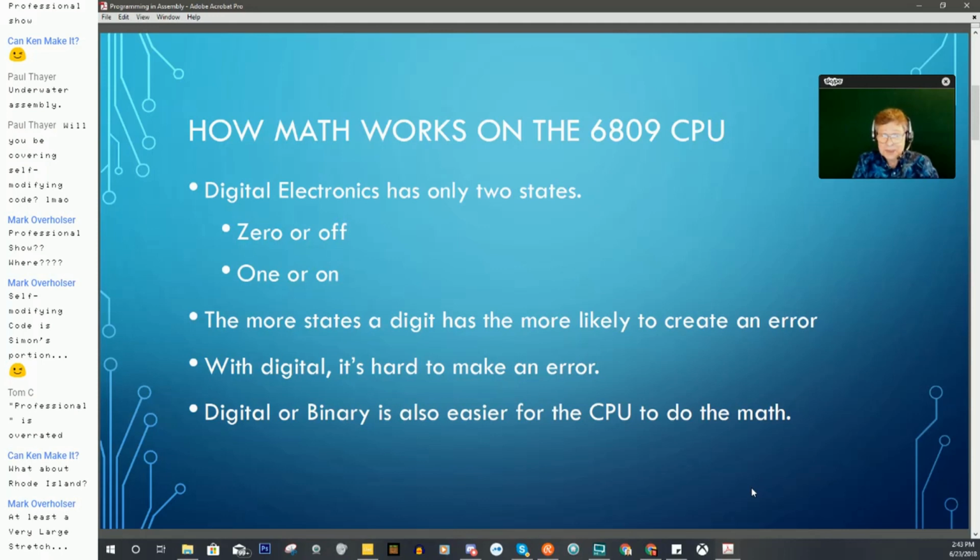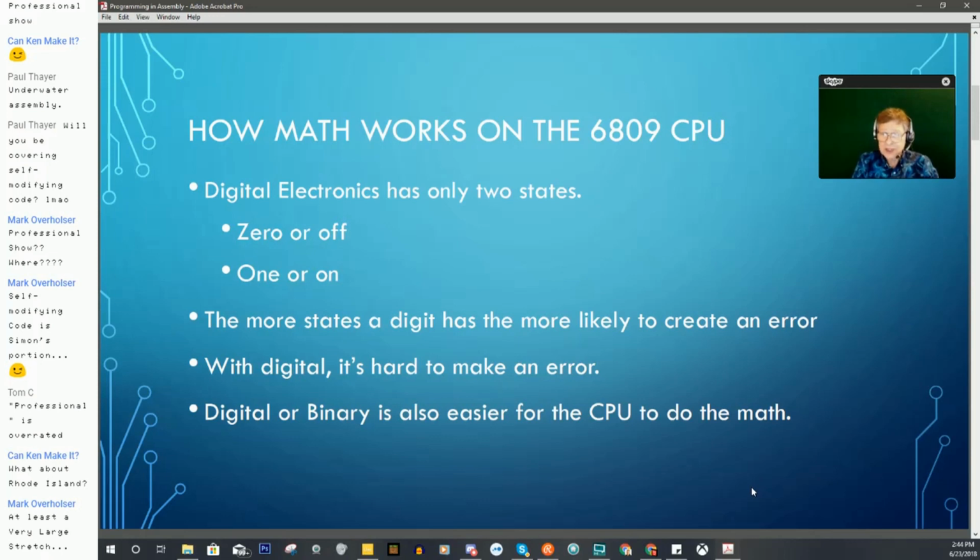So this is one of the reasons why digital microprocessors use digital, which is on and off, for the information state. You're also going to wonder, well, you can't do much if your answer is 0 or 1. How do you calculate 2, 3, 4, or higher numbers?